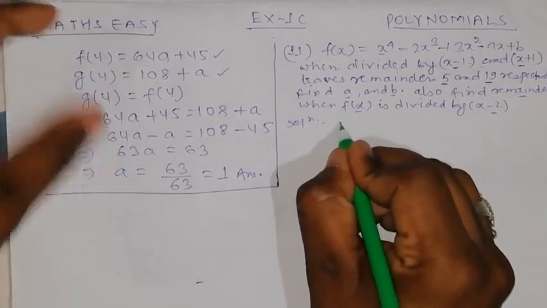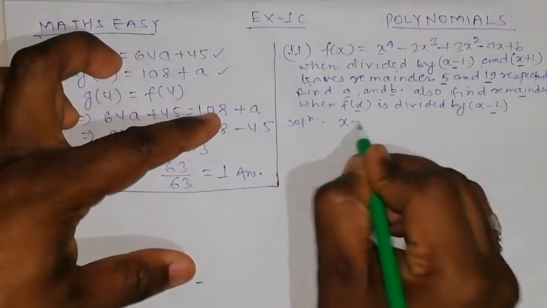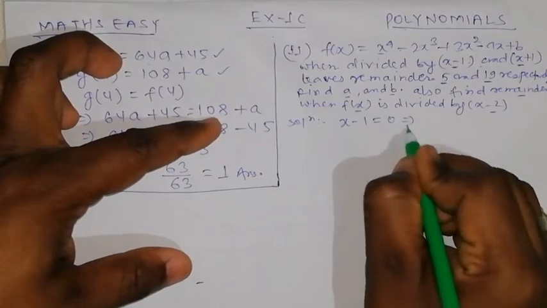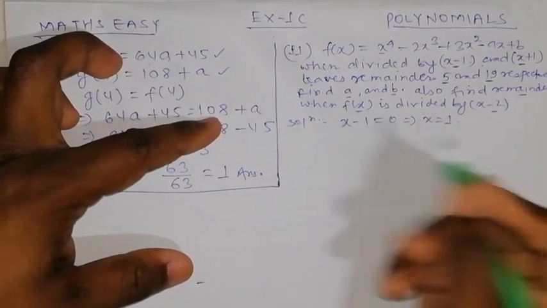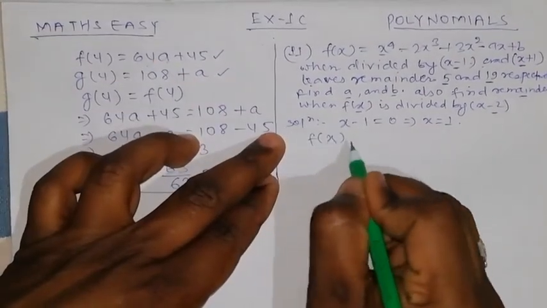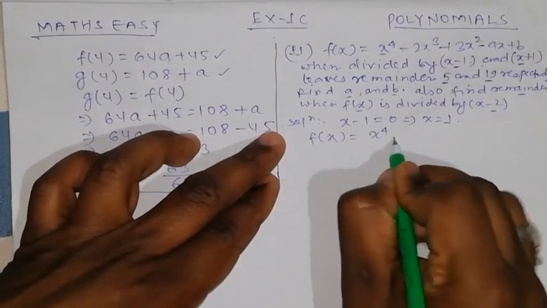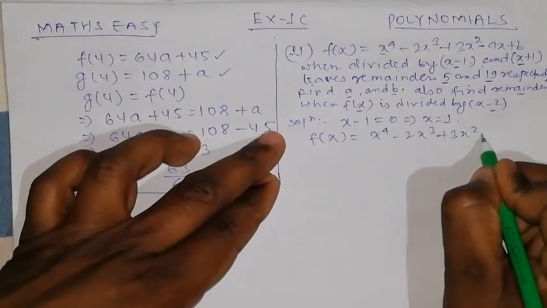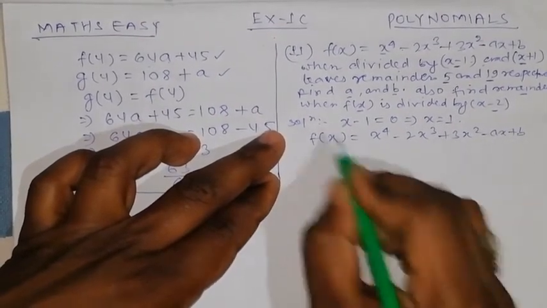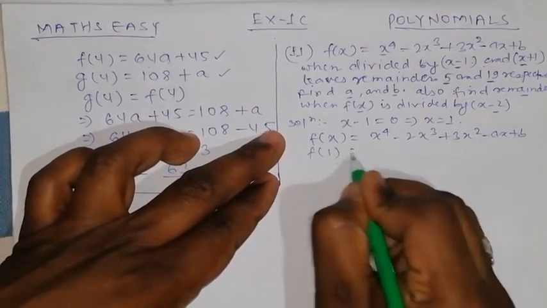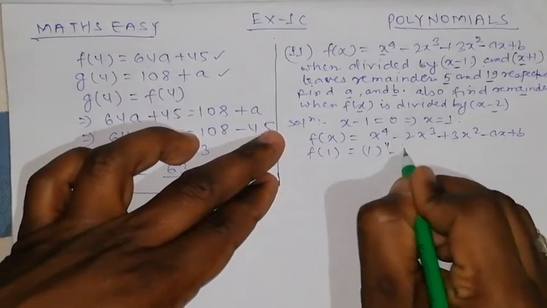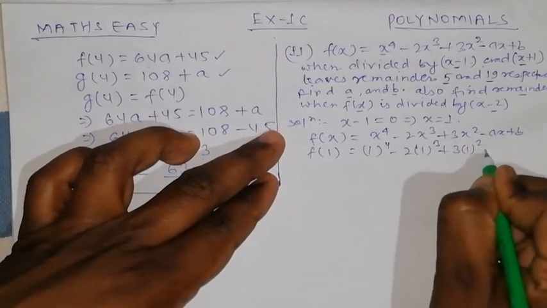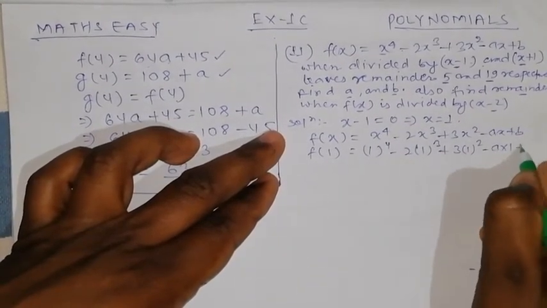Now when f(x) is divided by x - 1, that is x - 1 = 0, it gives x = 1, and f(x) = x^4 - 2x^3 + 3x^2 - ax + b. So f(1) = 1^4 - 2 into 1^3 + 3 into 1^2 - a into 1 + b.